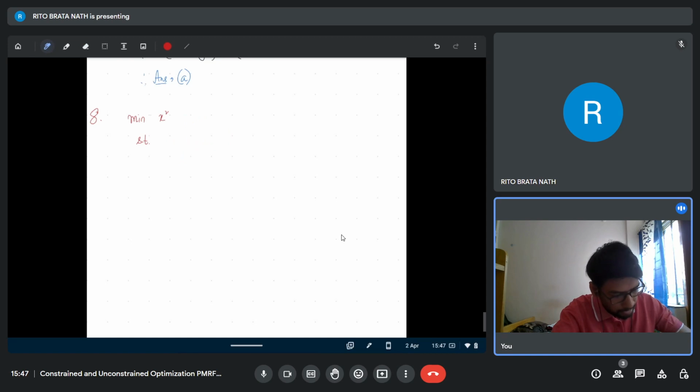Min of Z equals x squared plus y squared plus z squared. Okay, so this is capital Z. So let me clearly write it. Capital Z subjected to 2x plus 3y plus z equals 14 and x, y greater than equals 0.